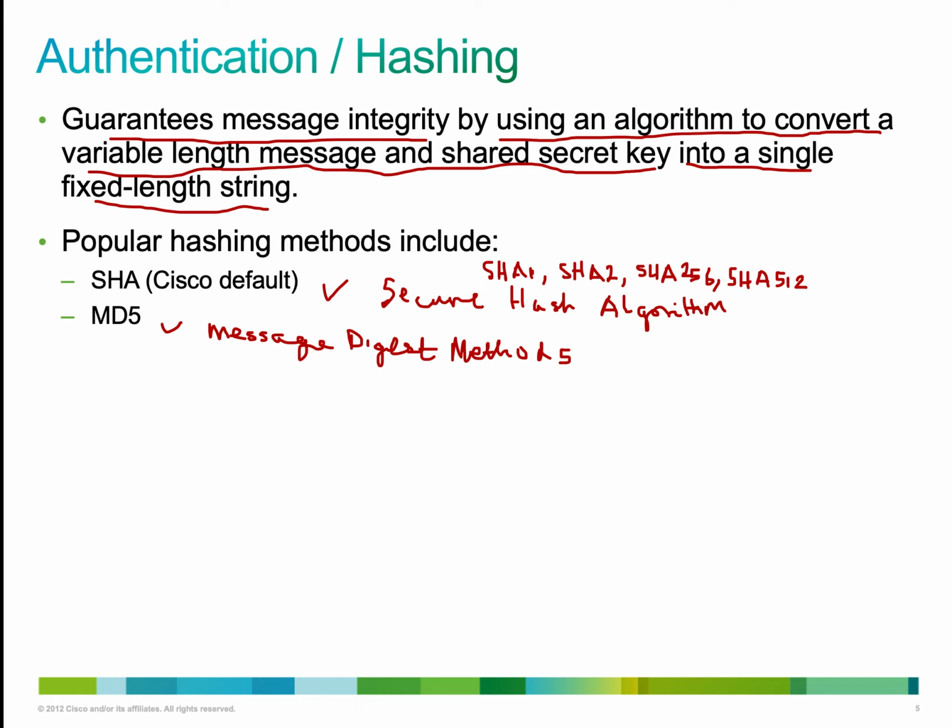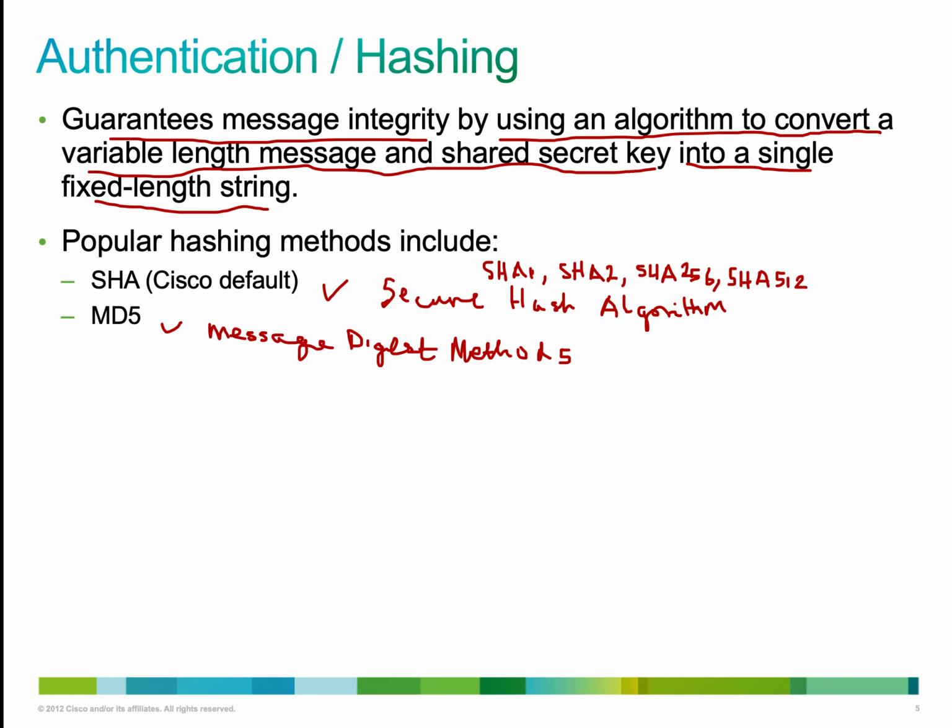When a message is hashed, it guarantees integrity by using an algorithm to convert the variable length of the message and a shared secret key into a single fixed length string. So a variable length will be converted into a single fixed length.